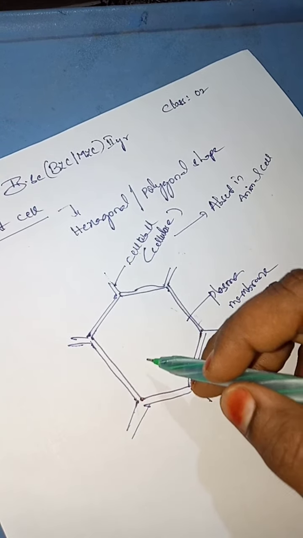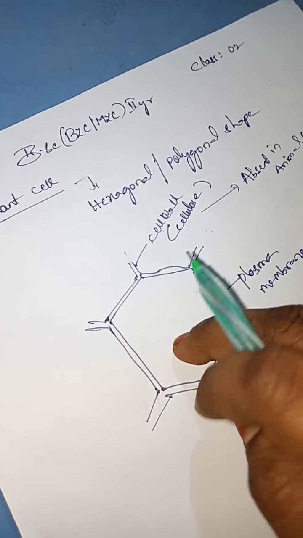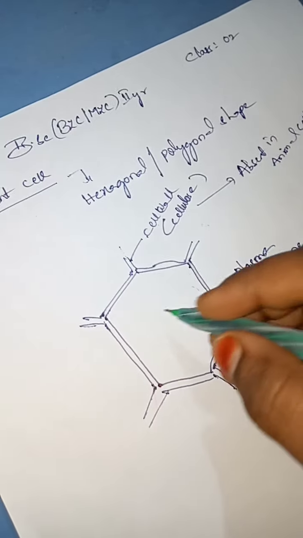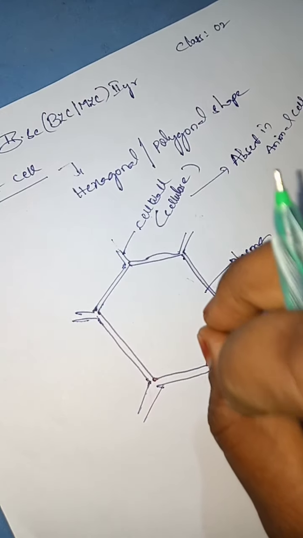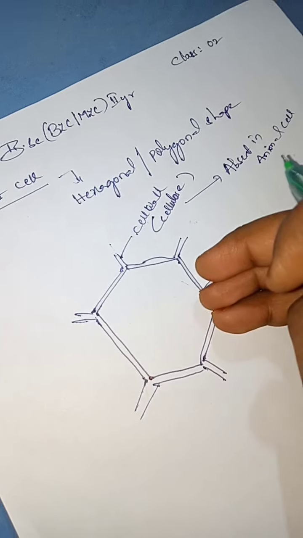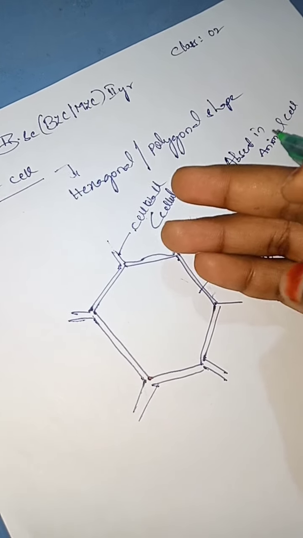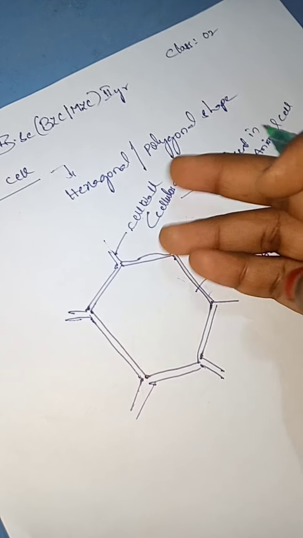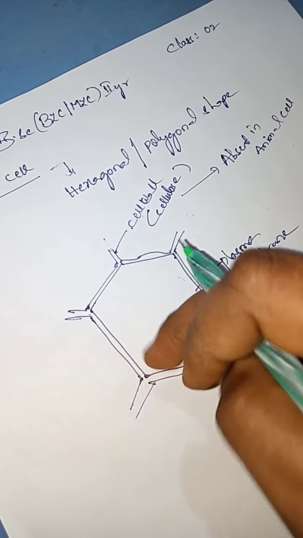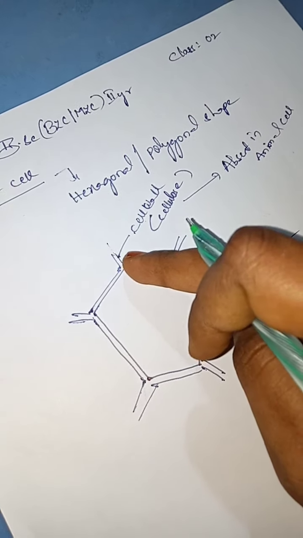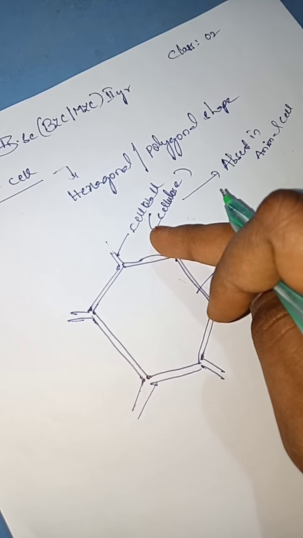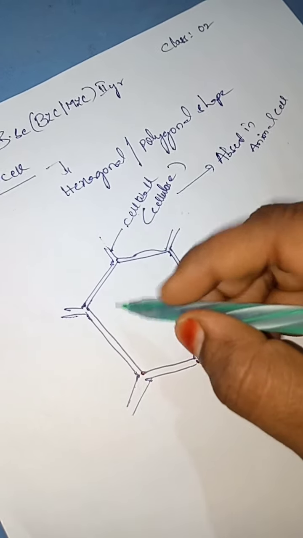Now coming to the inside, if you look into the inside of the plant cell, there is a vacuole. We also discussed vacuoles in the animal cell. In the animal cell we found numerous or many vacuoles, but coming to the plant cell there is only a single vacuole, and that too will be very big in size.